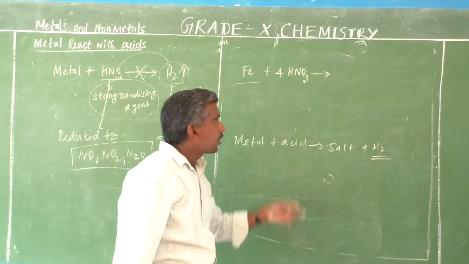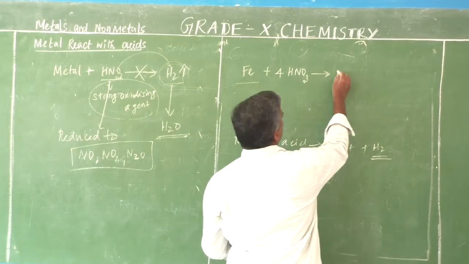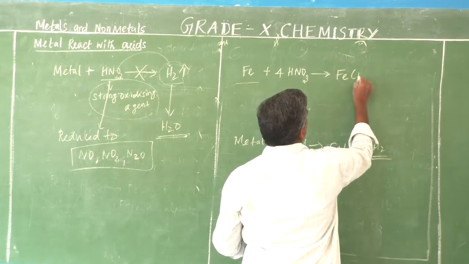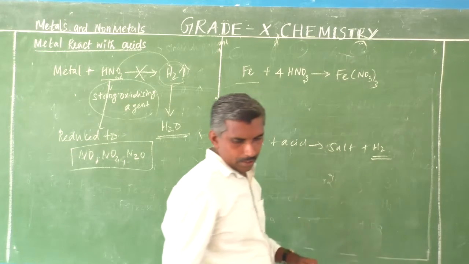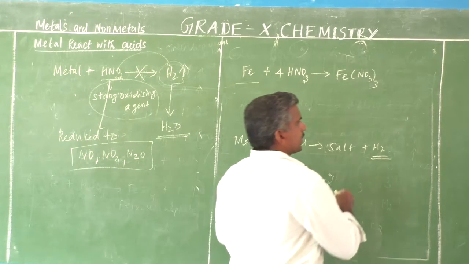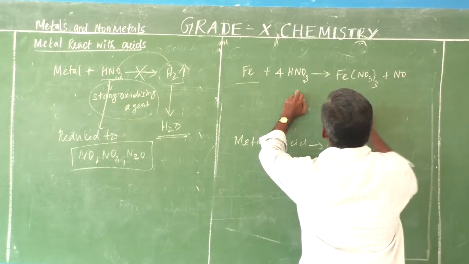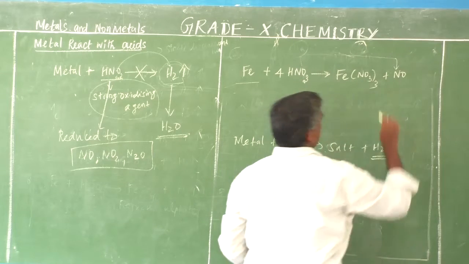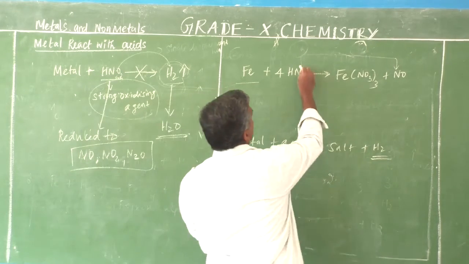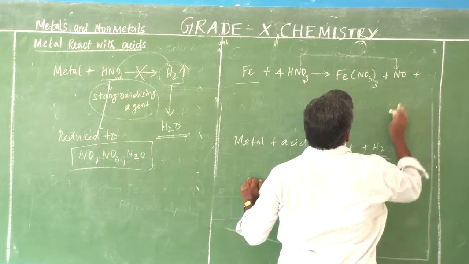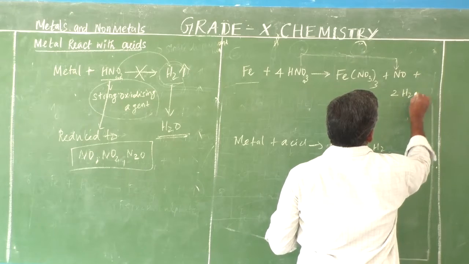First, what happened? Iron reacts with nitric acid to form Fe(NO3)3 plus nitrogen monoxide, as the nitric acid is reduced, and water is formed.